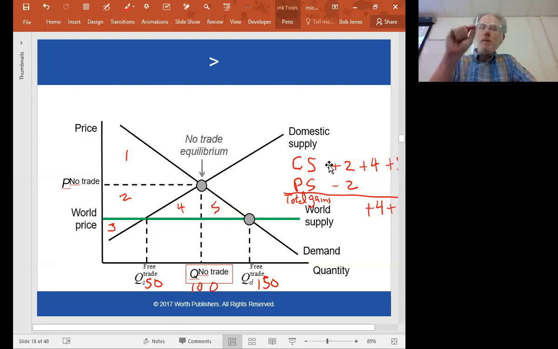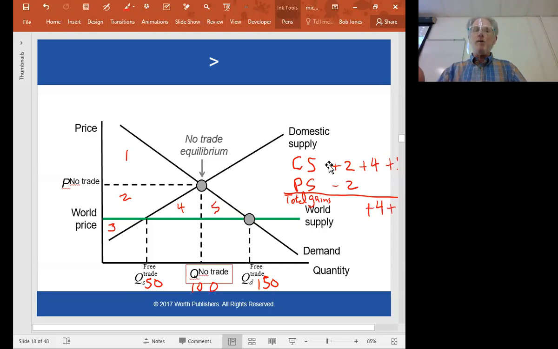The graph is about to show us that, yes, the consumers are benefiting, the producers are being hurt, but the graph makes it very clear that the gains to the consumers are greater than the cost to the producers, with the end result that efficiency improves. The consumers are getting a benefit that's greater than the cost the producers are bearing.